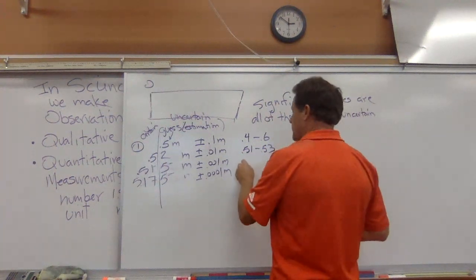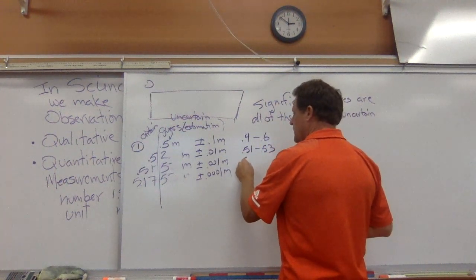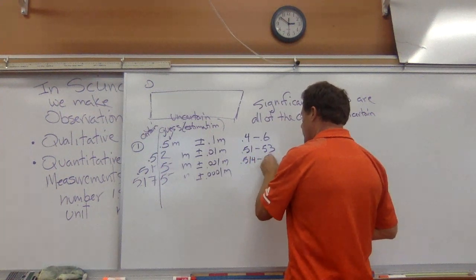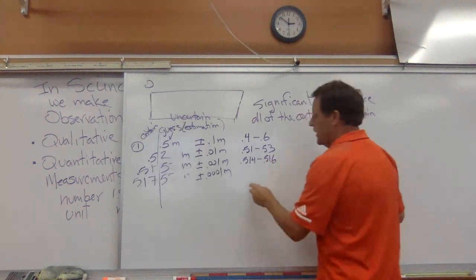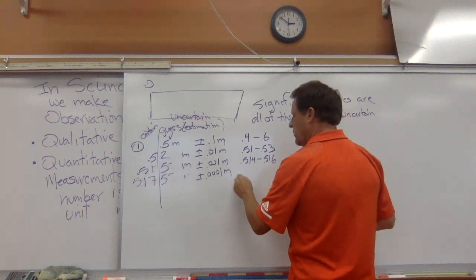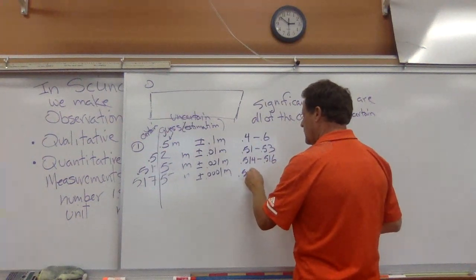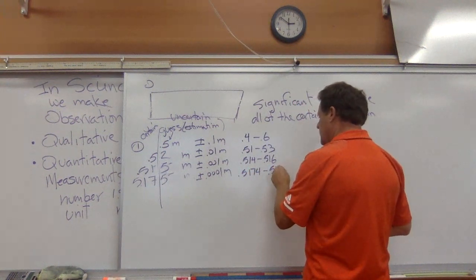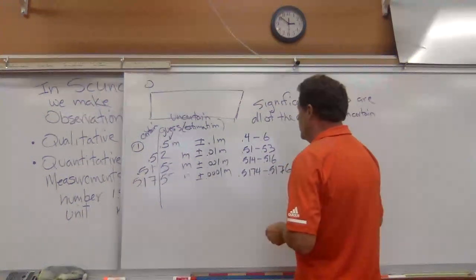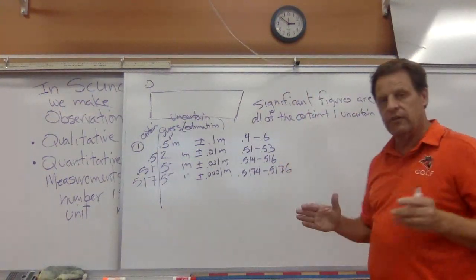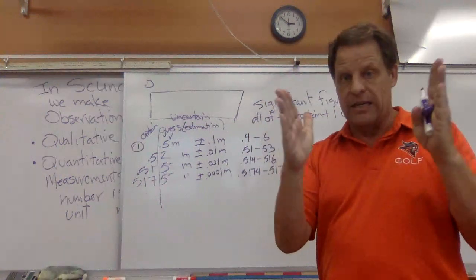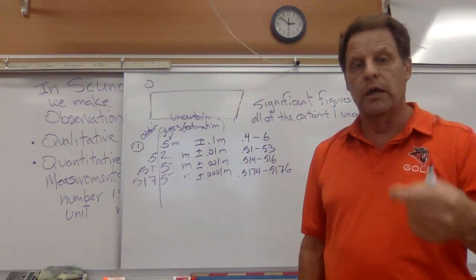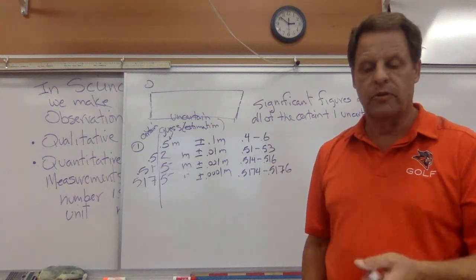And the next one is going to be somewhere between 0.514 and 0.516. And the next one is going to be somewhere between 0.5174 and 0.5176. So we can see here that in each case, our guess is getting narrower and narrower. We are becoming more and more precise.